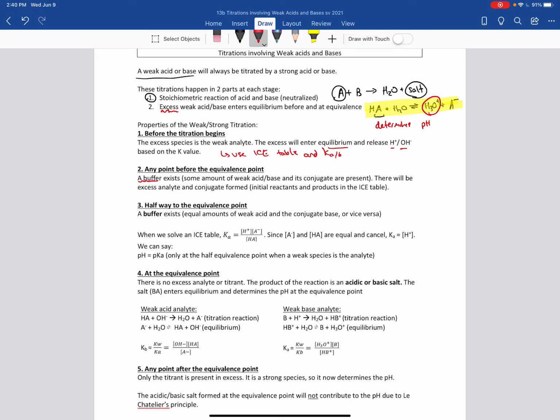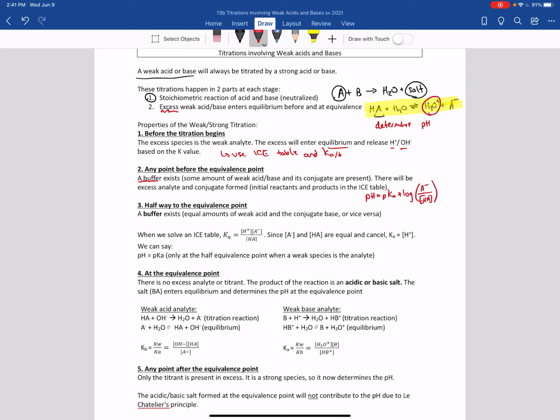And there's an equation to simplify working with buffers. That equation is called the Henderson-Hasselbalch equation, and it is pH equals pKa plus the logarithm of the conjugate over the acid.